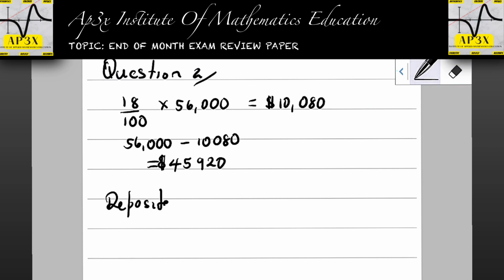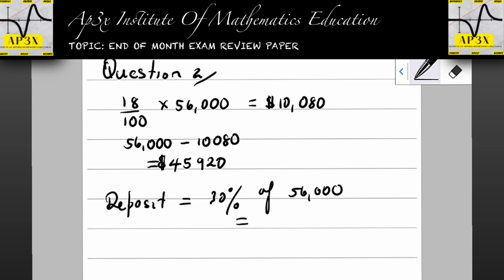So the deposit is going to be equal to 30% of the original. So that's 30% of 56,000, and so that works out to be 30 divided by 100 multiplied by 56,000.